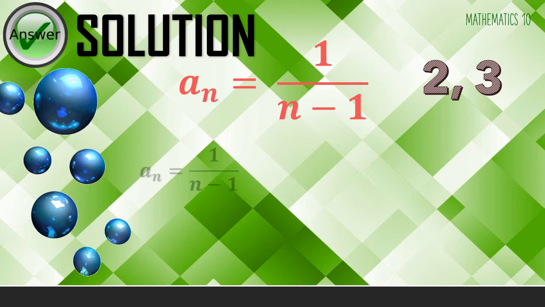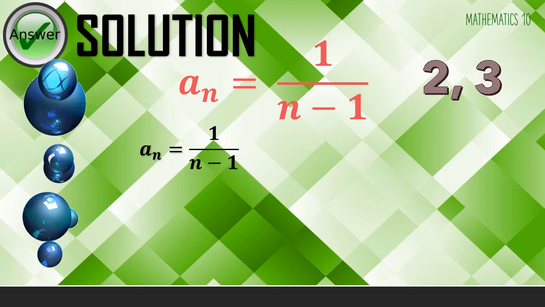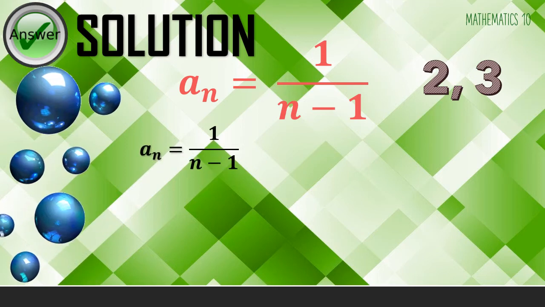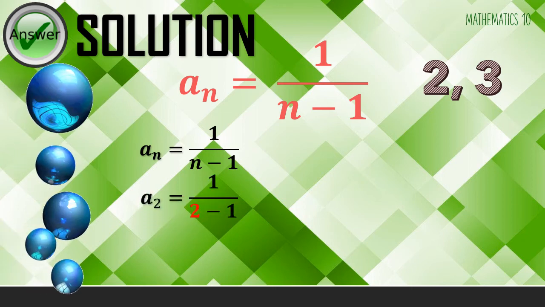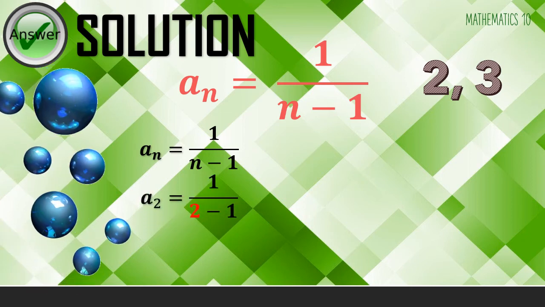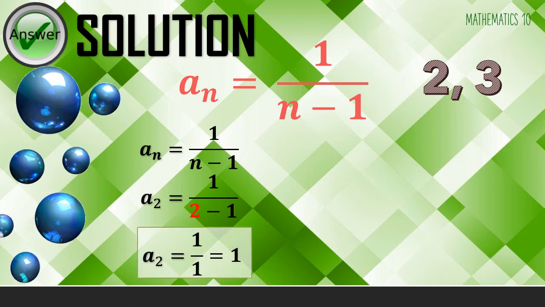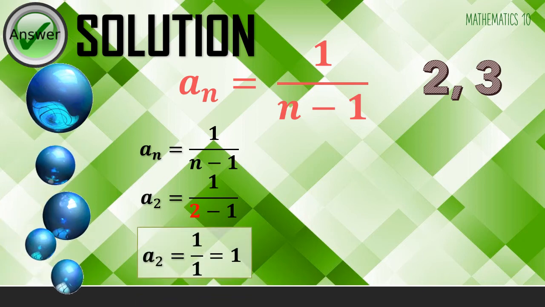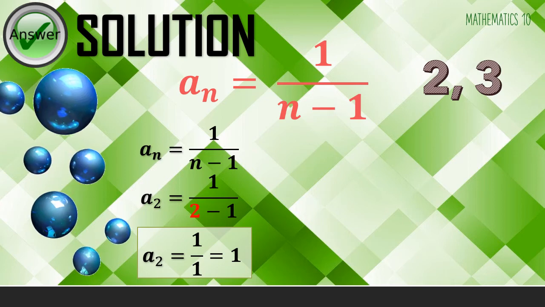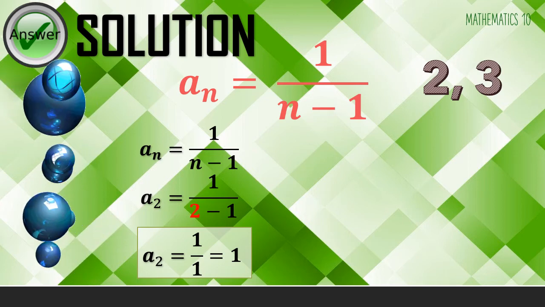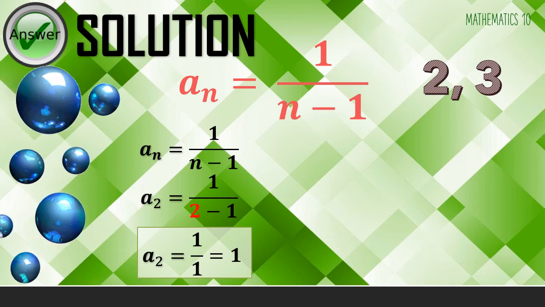Again, same process, we will change all the n's in the given equation by 2. So we have a sub 2 equals 1 divided by 2 minus 1. Simplifying, 1 over 1 is equal to 1. So a sub 2 equals 1.